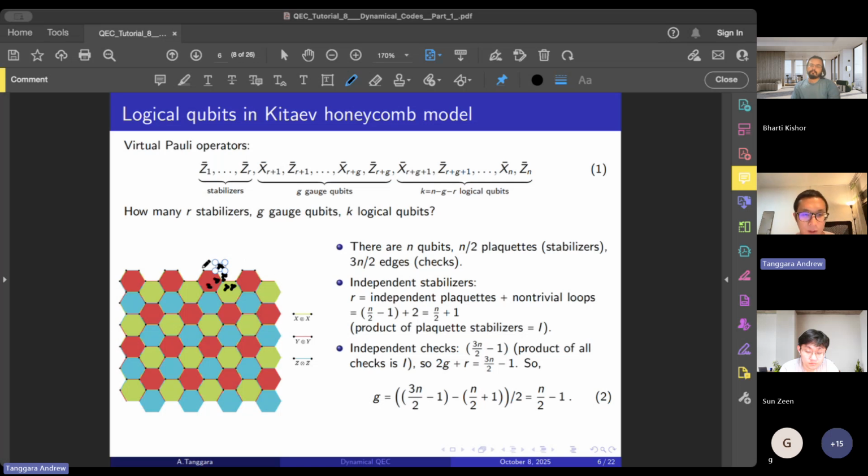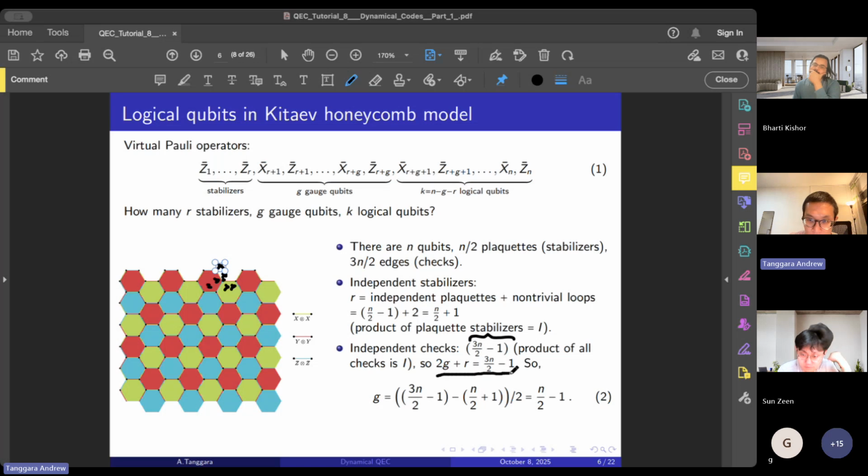And if you do that for all vertices, then you get the identity over all n qubits. So I want to take one check measurement out, so I get 3n over 2 independent check measurements.